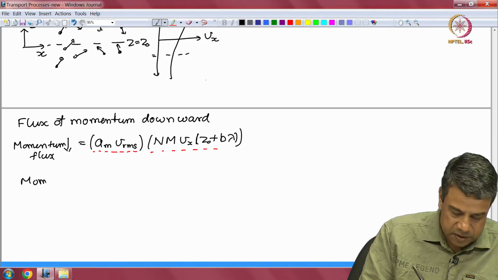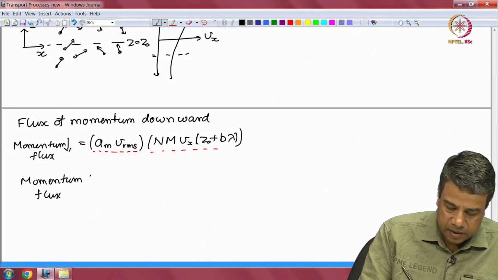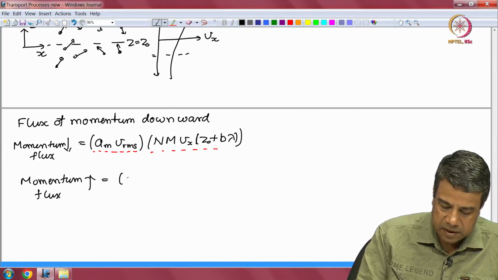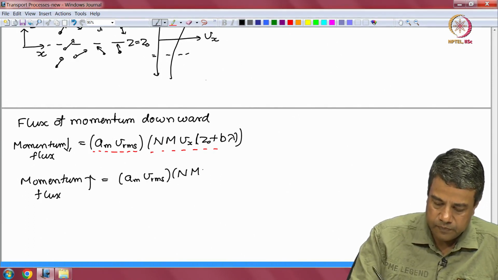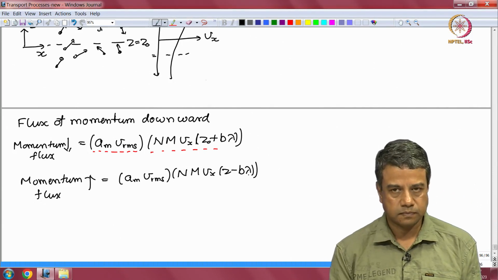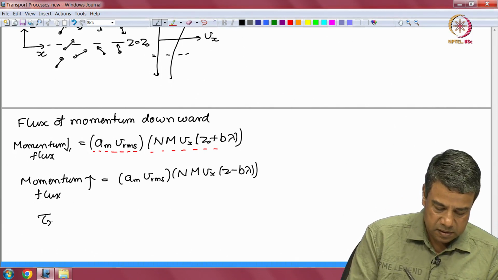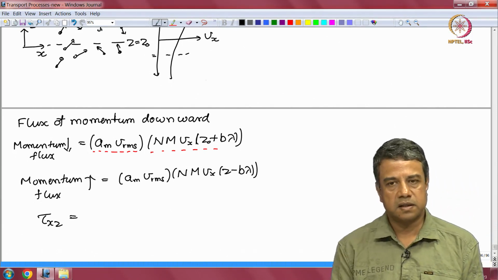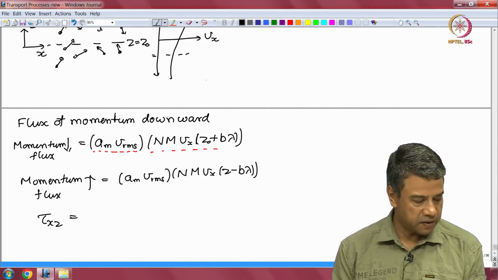The momentum flux upwards is similar, except that it is coming from a location below the surface. The shear stress in this case is defined as the momentum flux downward minus the momentum flux upward.